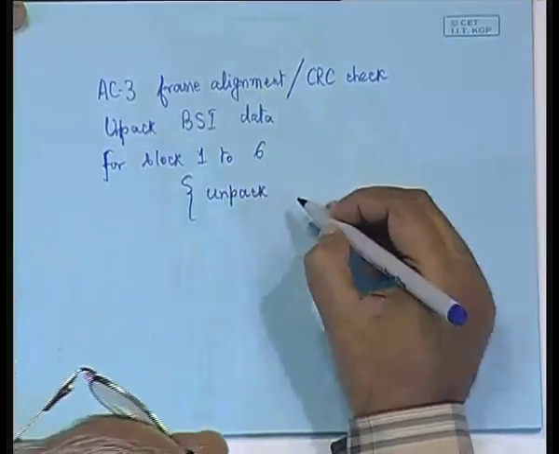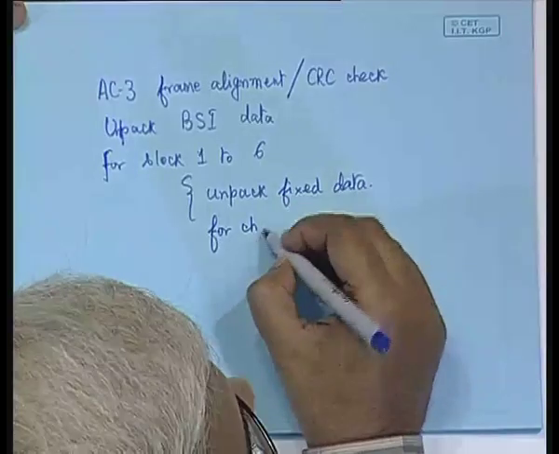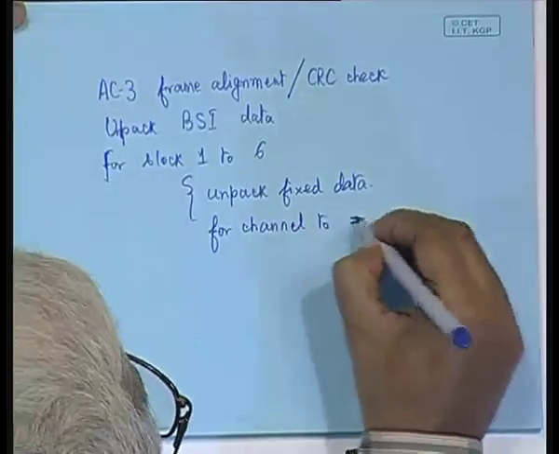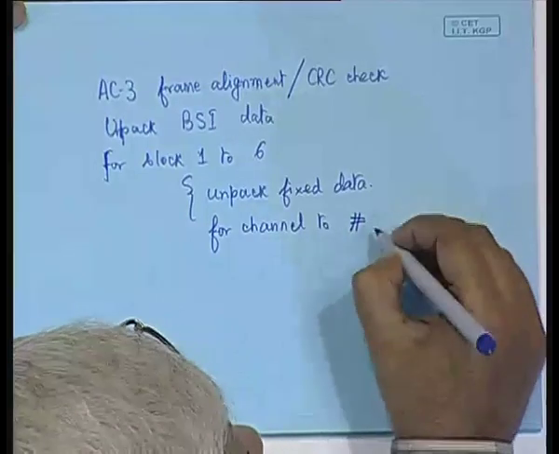What is the fixed data? It corresponds to the flags which I was mentioning. So, for channel 1 to the number of coded channels.